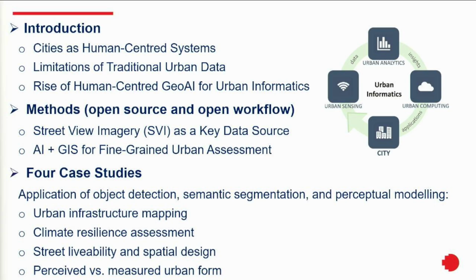Another study is about how we can use street view imagery with AI to understand street livability using streetscape analysis. And for the final one, we have 2 studies looking at how humans perceive urban form and how it is measured; they can be combined to help make better decisions in urban design and urban planning.